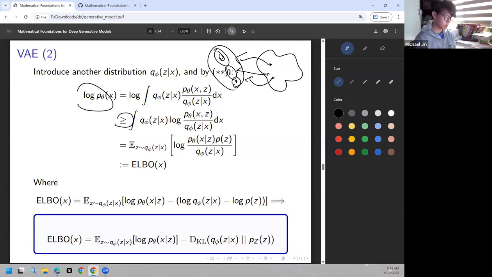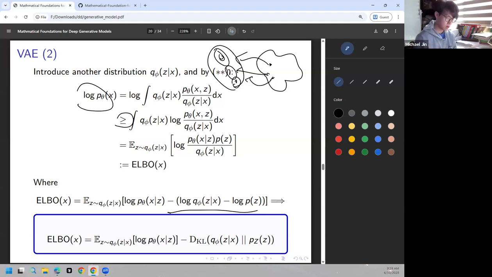So we know the evidence lower bound can be written as the expectation of log P theta minus log Q phi minus log PZ. And the second term is the KL divergence of Q phi if we use PZ to encode it, right?